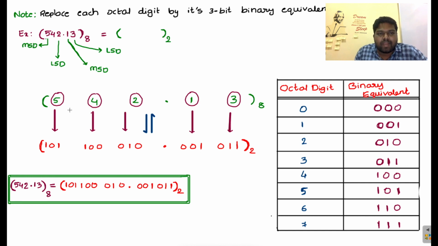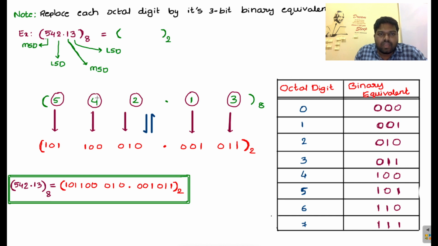Here I am expanding 542.13 base 8. First start with the least significant digit and move from right to left. First take 2 and replace it with its binary equivalent, 010. Next go for 4.